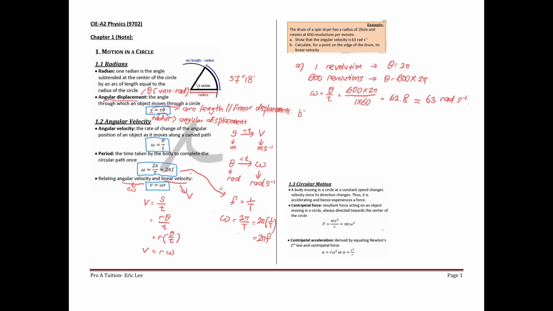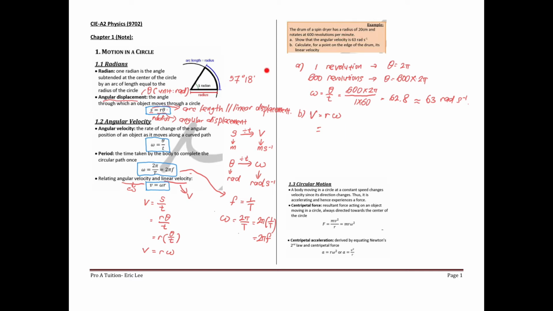Now let's look at B. Calculate for a point on the edge of the drum its linear velocity. So in order to find out the linear velocity, we can use formula v equal to r omega. So the r here is the radius, and the radius is 20 cm.